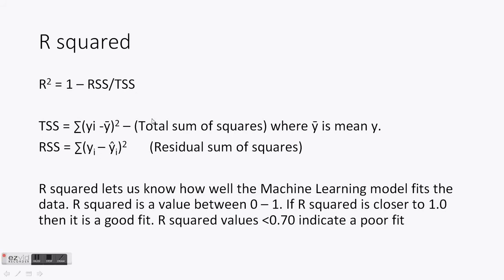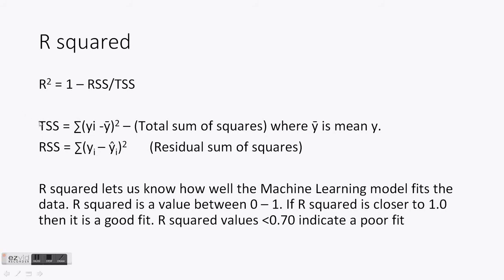Even though we have this equation, there's nothing much here. The total sum of squares is how much the data point varies around its average, which is given by y bar minus y_i, where y bar is the mean of y, and the residual sum of squares is the sum of squares between the actual data point and the estimated data point.